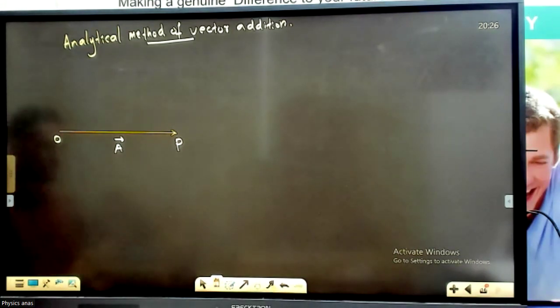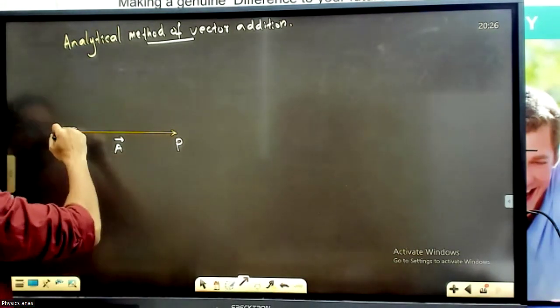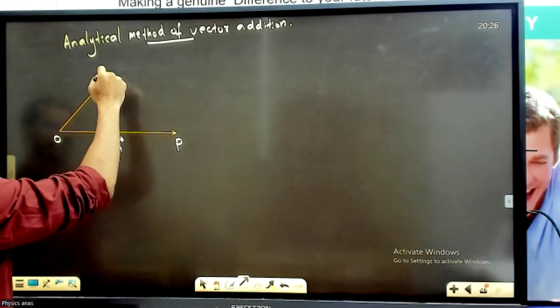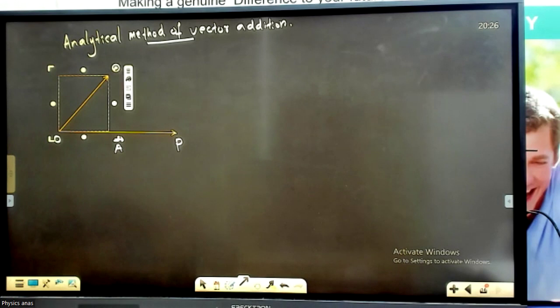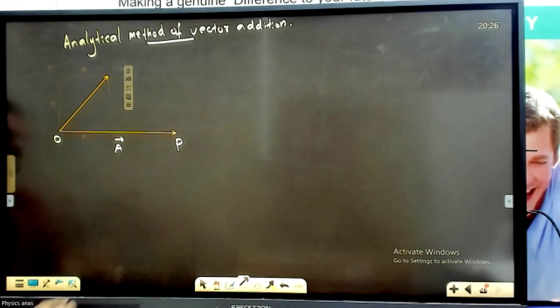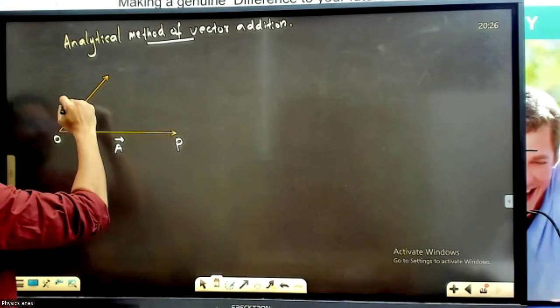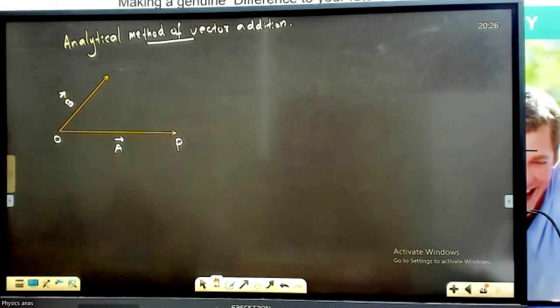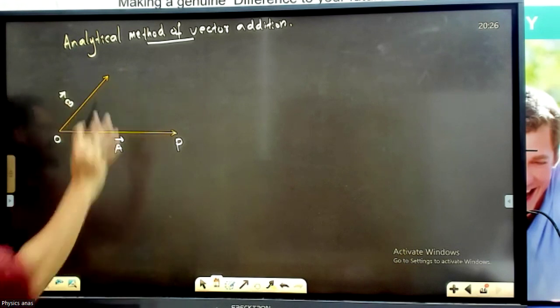Now I am taking another vector in this direction. This vector is B, and it is like this.